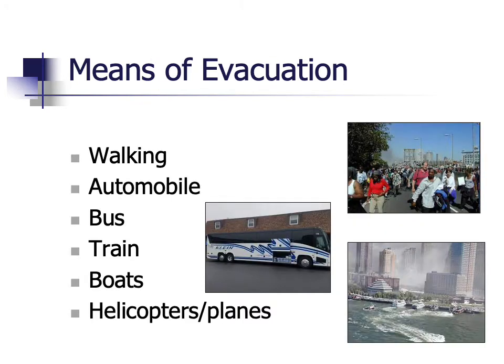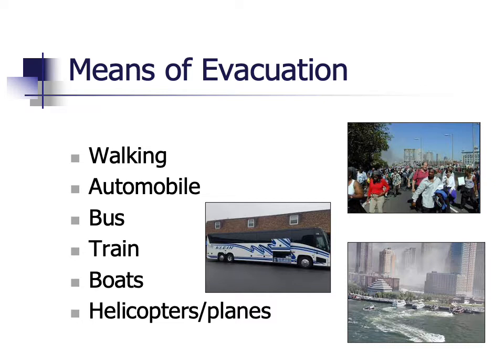In terms of emergency management, when we're trying to move people to safer areas, we should keep in mind the different means of evacuation. First of all, people can simply use their feet and walk to a safer location. Also, people can drive their cars or trucks to a place of refuge. We can move many people through the use of a bus or a train.